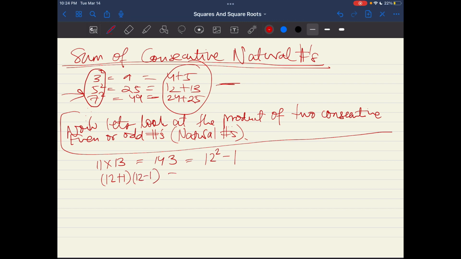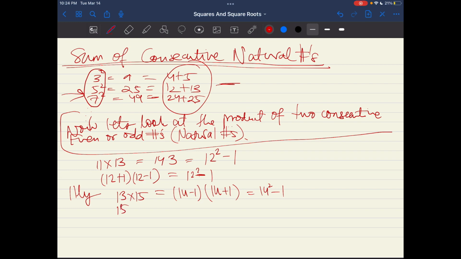Similarly, if we were to look at 13 times 15, what do we see? We see we have 14 minus 1 times 14 plus 1, which is 14 squared minus 1, right?